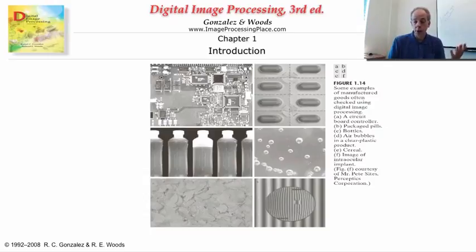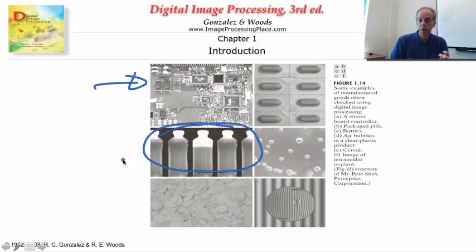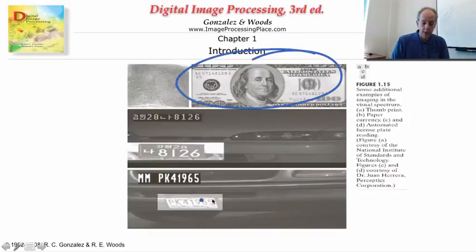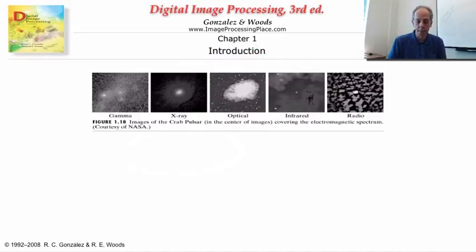And once again, those are used for numerous applications, for example printed circuit inspection, inspection of different manufacturing processes, or different kinds of applications. Of course, our own images. This is just a picture of a dollar bill or a picture of a license plate of a car. All these taken with the same type of technology, but probably for very, very different applications.